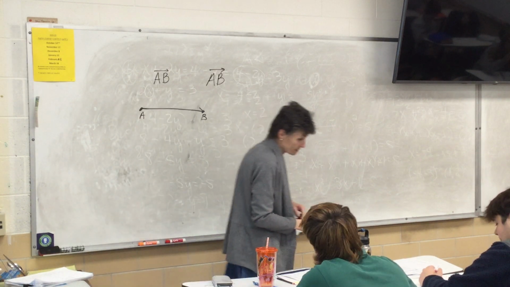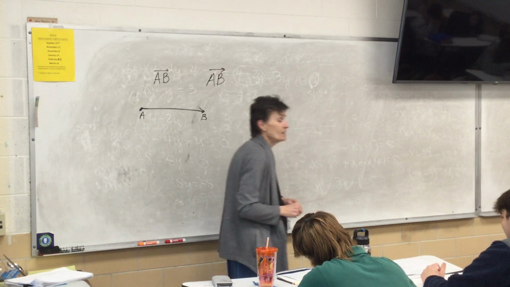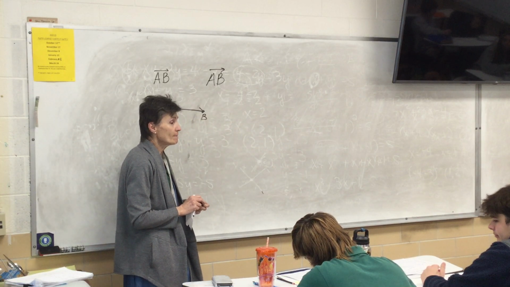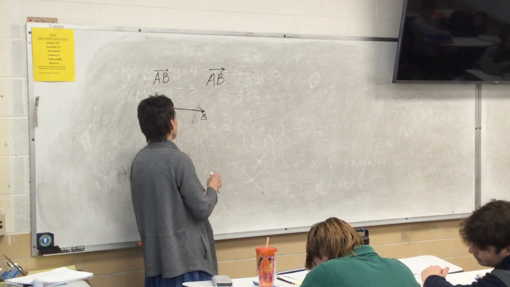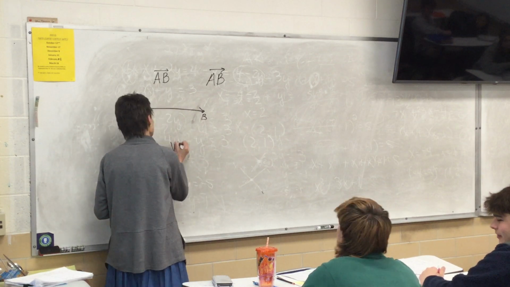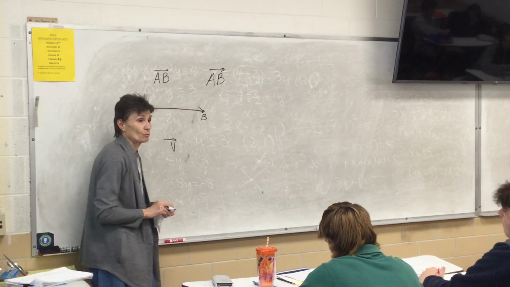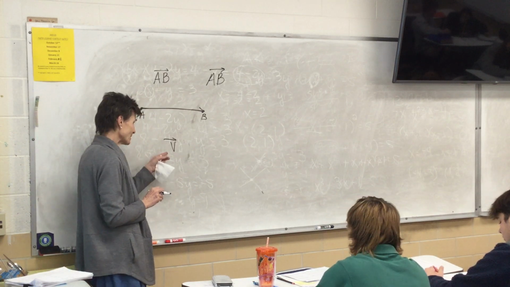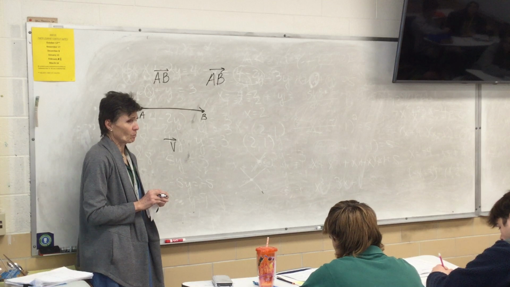Okay, so next, a position vector. Now, vectors can be drawn anywhere. If I talk about a vector using this kind of notation, which is very common, the problem is, if that's all you've got, you don't really know where it is.